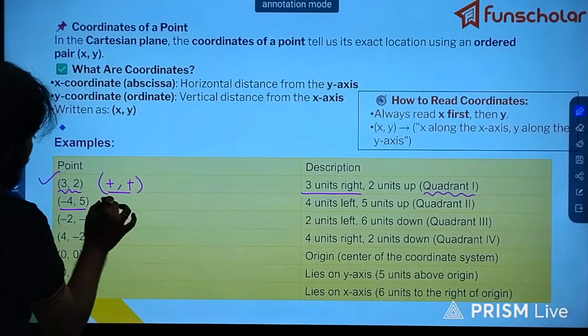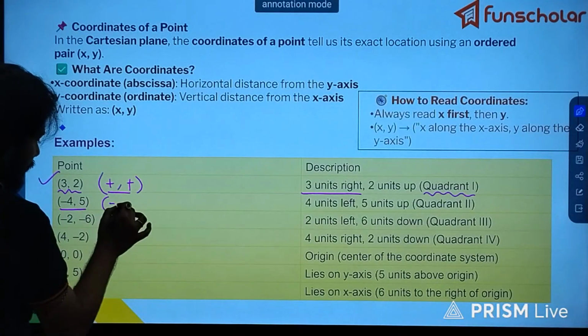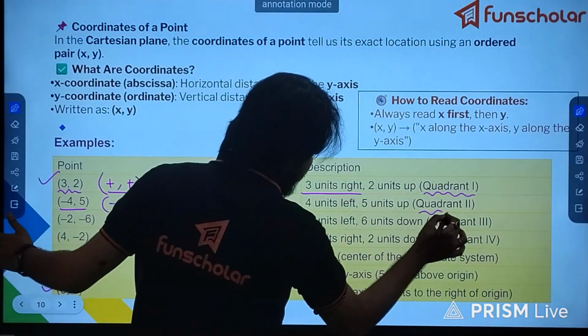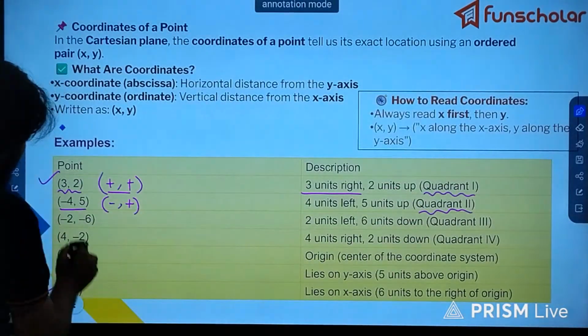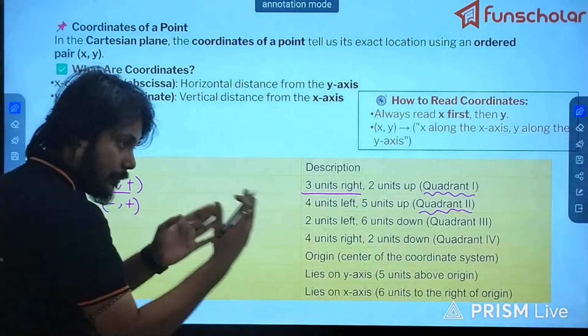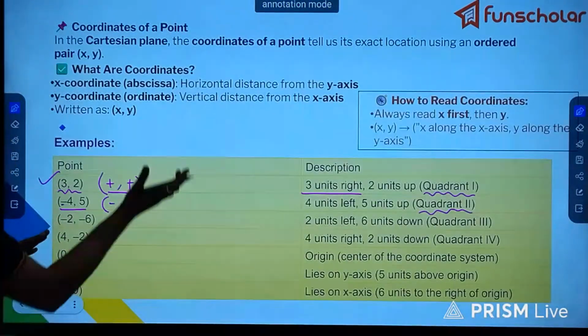Minus 4 comma 5. The abscissa is negative but the ordinate is positive, so it will definitely lie in the second quadrant. 4 units left, as the minus sign has been given, and 5 units up.